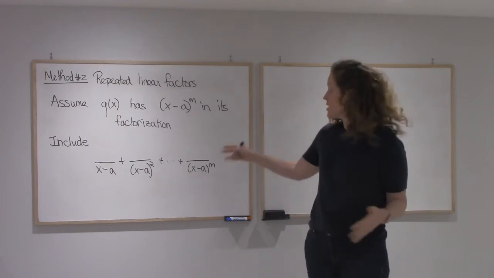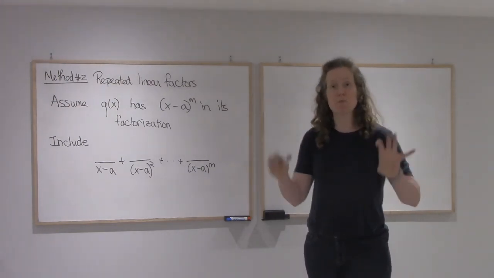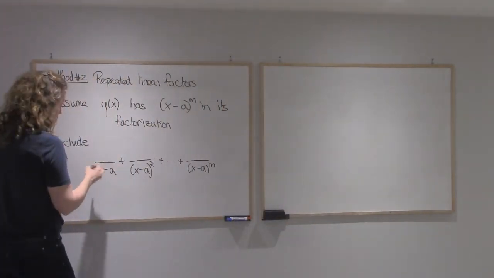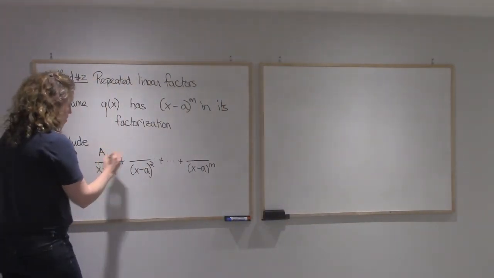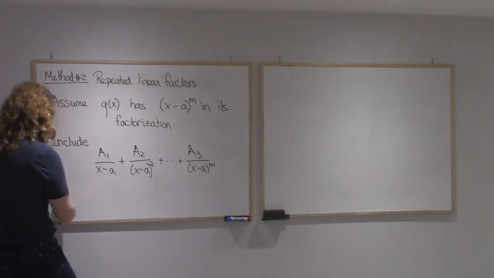And then partial fractions tells you that there are coefficients that you could put on top of this that will make it equal to the original fraction. So let's call them a1, a2, a3.